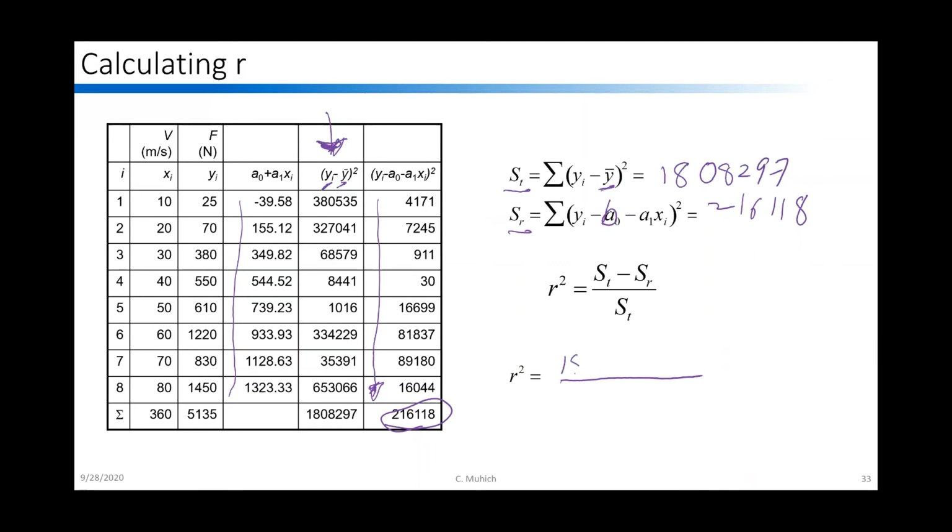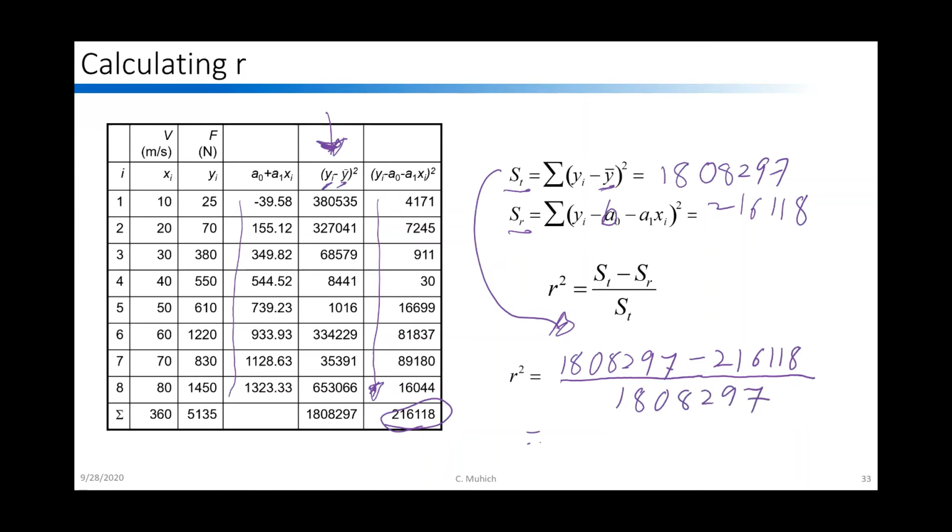It's simply 1808297, bringing down ST, minus 216,118, all over 1808297. Okay, so if I do this out, this gives me 0.8805.